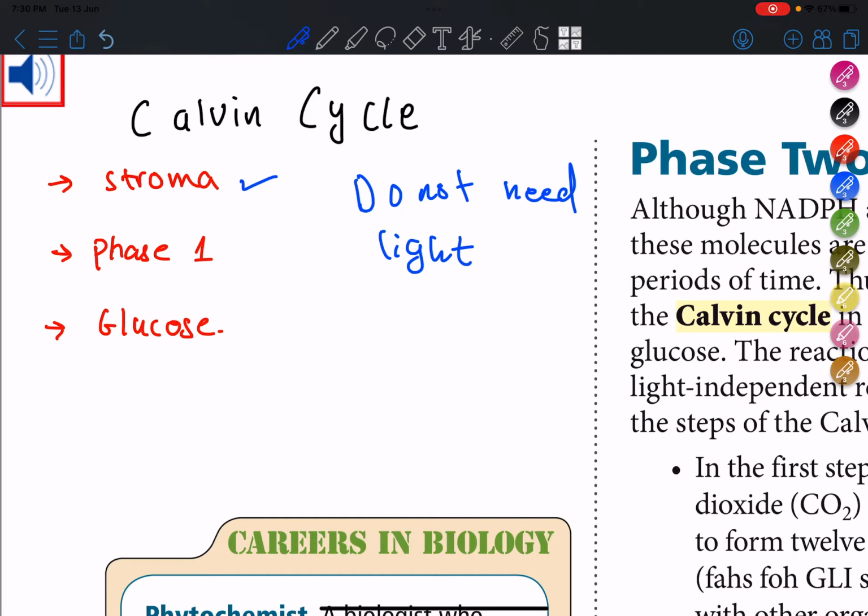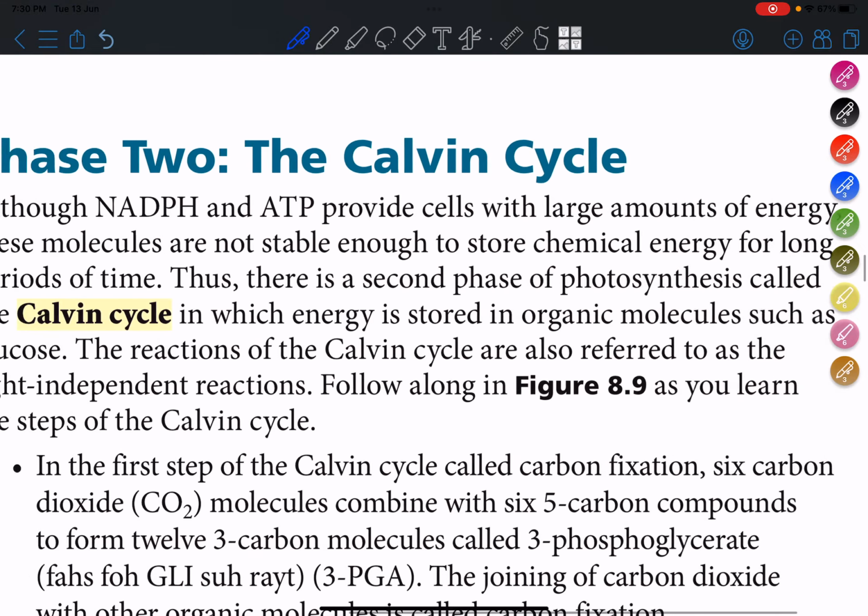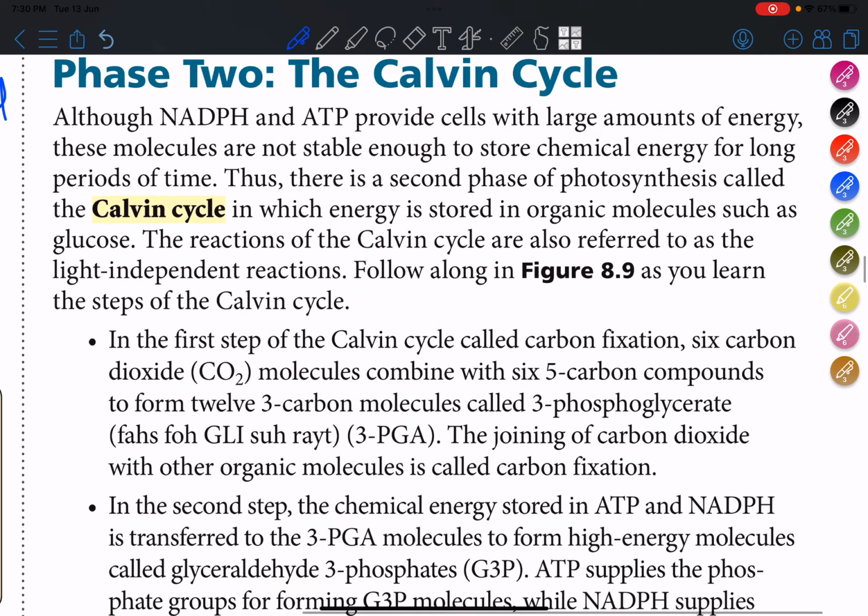Raw material, the material that we're using in the cycle: CO2, ATP, NADPH, and the product is, as we said, glucose, but we'll also see the other products that are generated in this cycle.